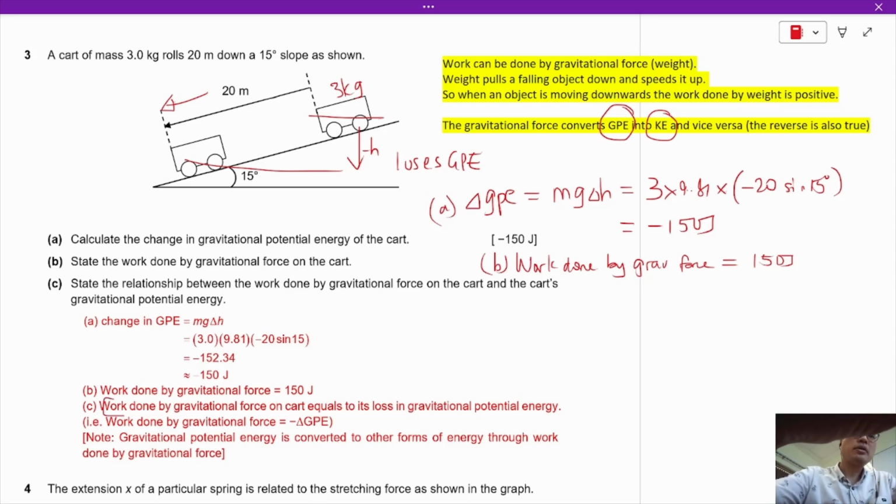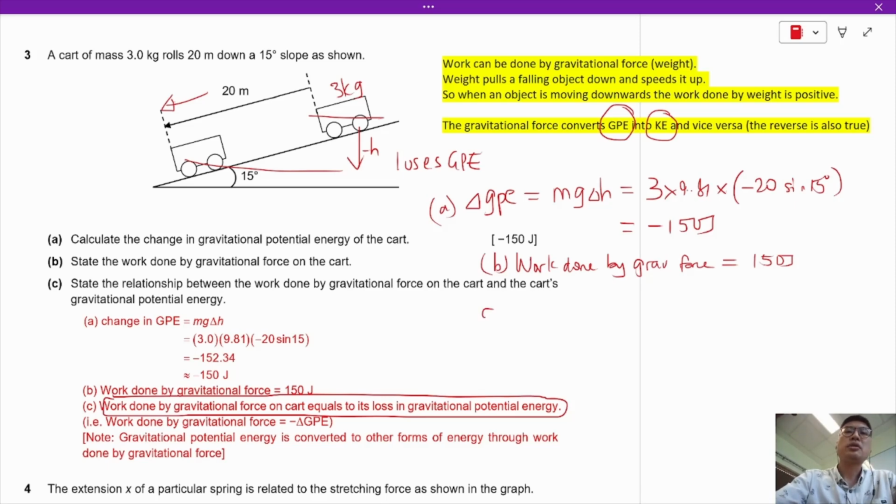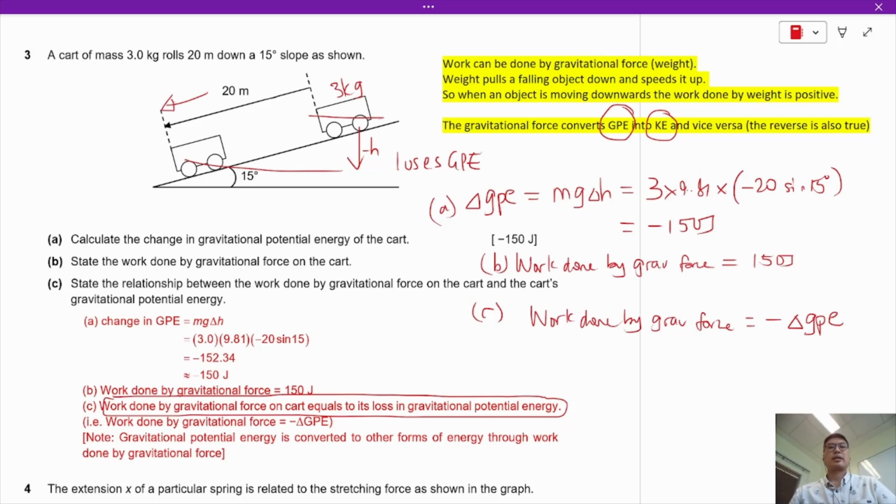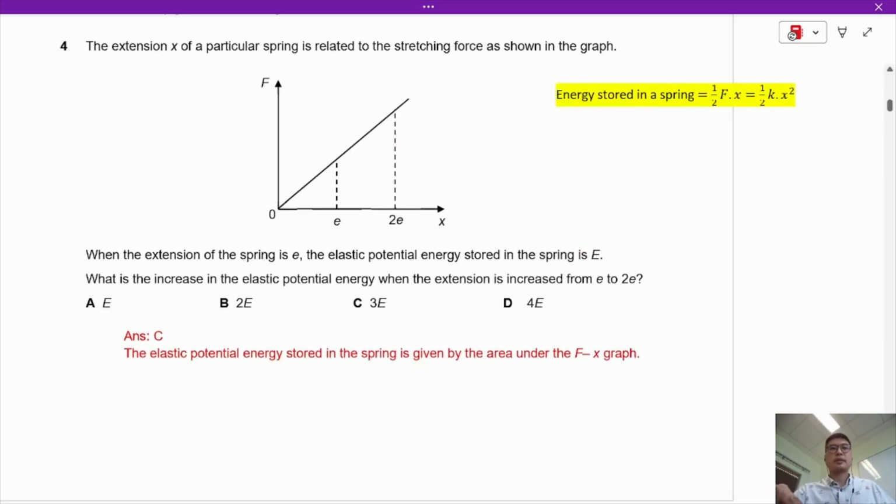The work done by the gravitational force on the cart equals the loss in its gravitational potential energy. If you wanted to write it in math, you can say that the work done by the gravitational force is equal to the negative of the change in the GPE. And that's question 3.